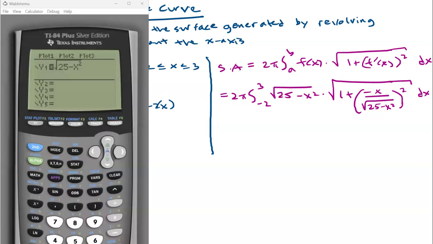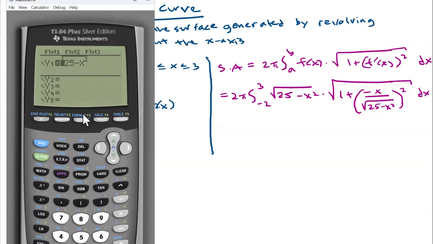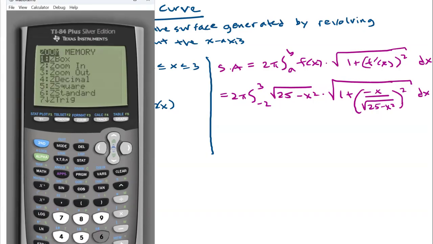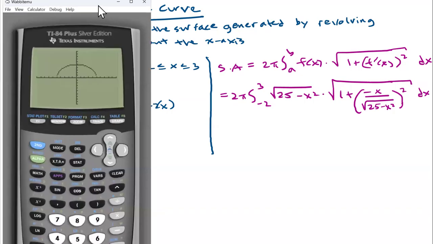All right, so first let's look at the visual of what's happening here. We're trying to find the surface area generated by revolving this particular function. If we type in the original function, the square root of 25 minus x squared, in our calculator, we would get something like this. However, we just want it from -2 to +3.